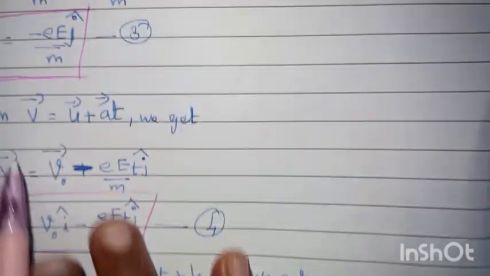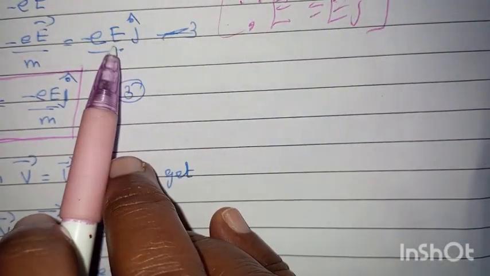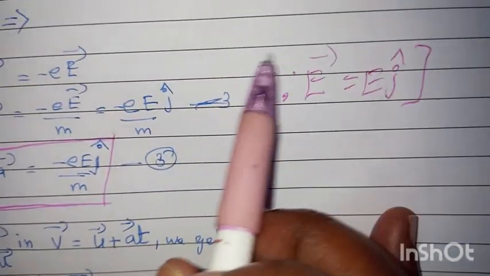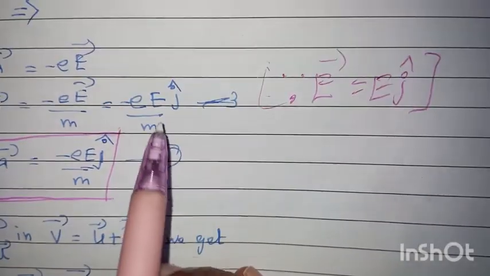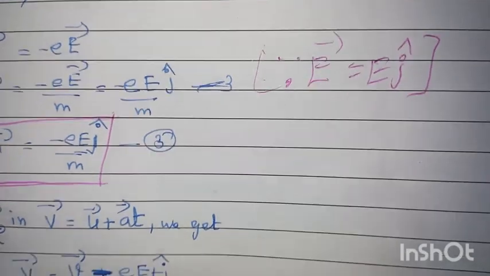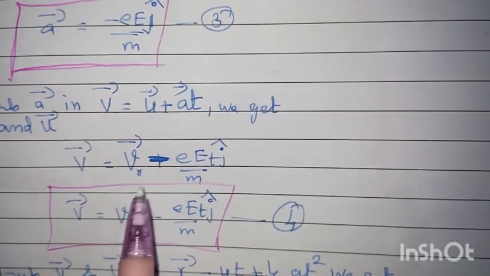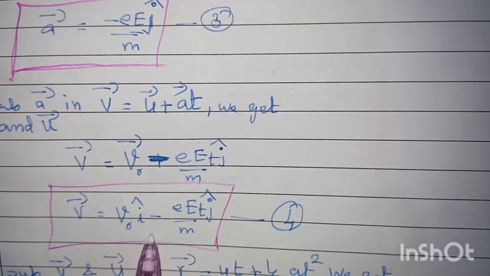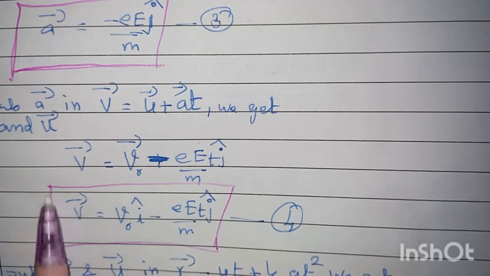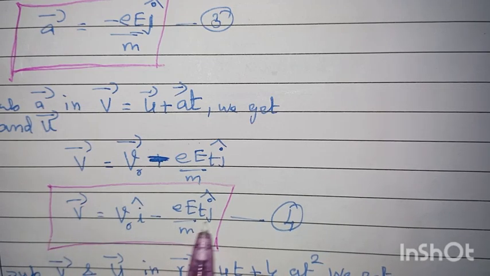In the same manner here also E has been replaced by E into j cap, because this vector E is purely along the y-axis and its components along x and z are 0. So we have written E vector as E into j cap, and in the same manner v0 vector is written as v0 into i cap. So this is the final expression for v in terms of t.